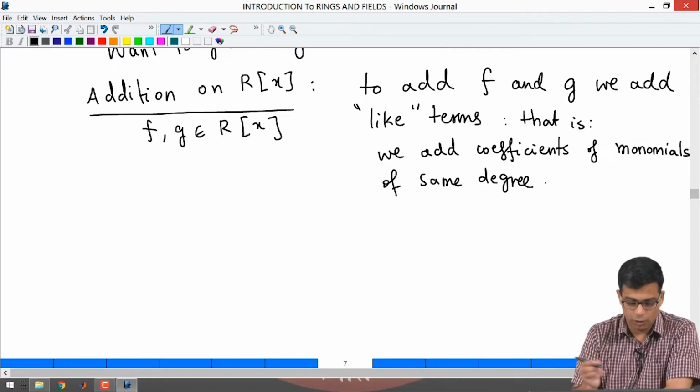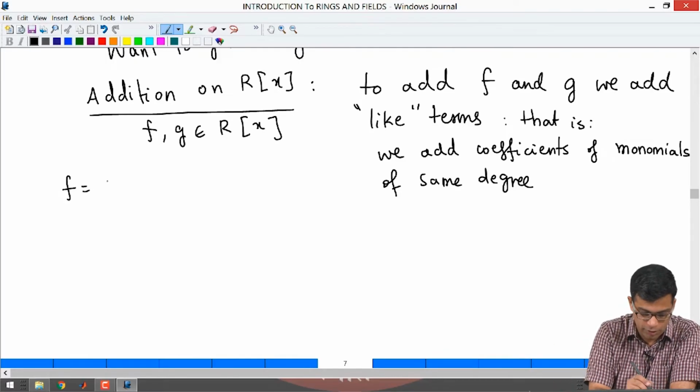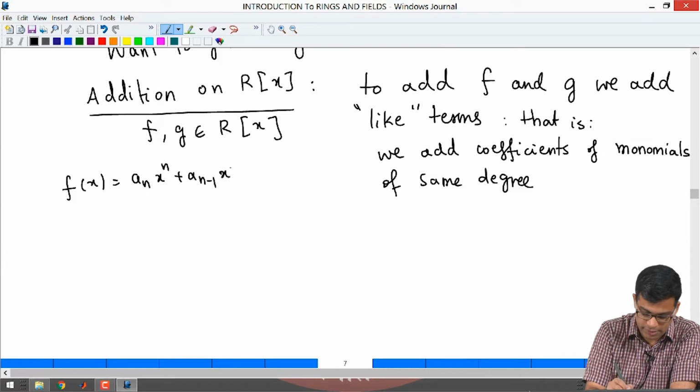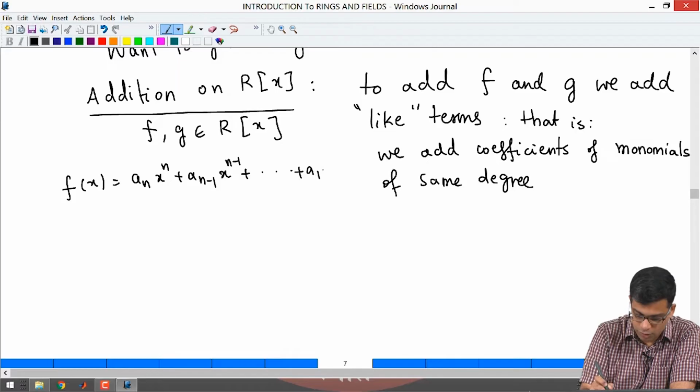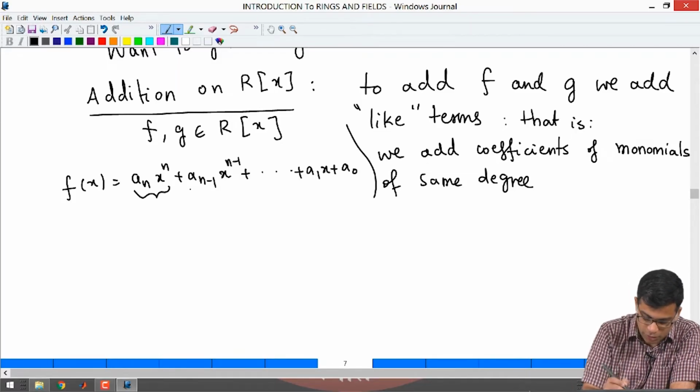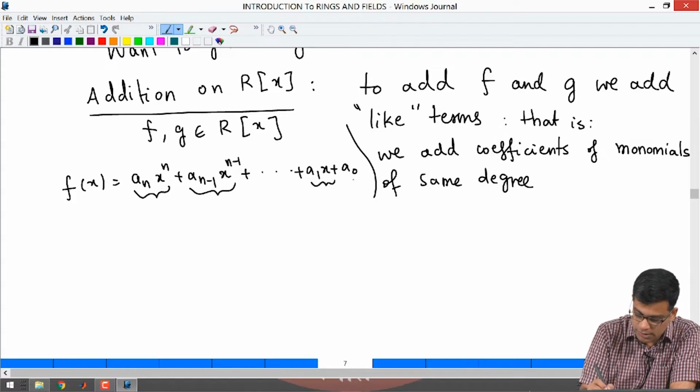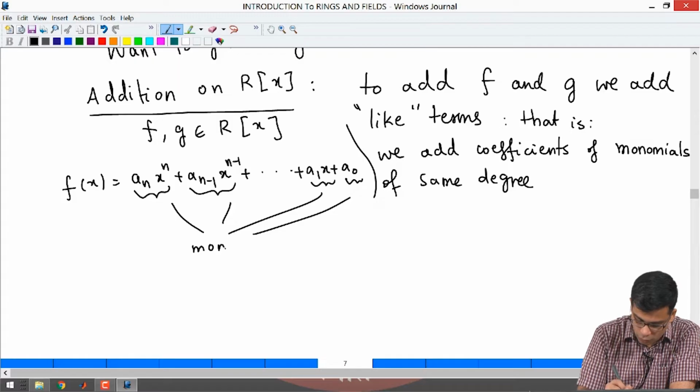I do not know if I mentioned this, but if you have a polynomial something like a_n x^n plus a_(n-1) x^(n-1), this is a polynomial, meaning a lot of terms. A single term of this is called a monomial. So this is a monomial, this is a monomial, this is a monomial.